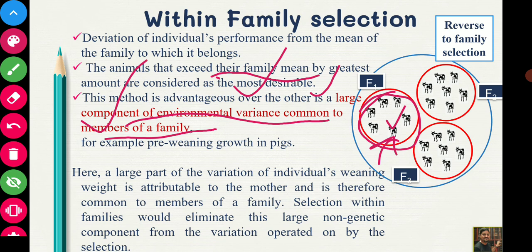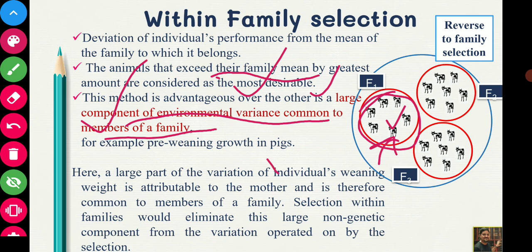Just see the example of pig. In case of pig, one mother pig gives birth to almost 10, 12, 15 progeny. All these progeny that the mother is nursing get the common environment of the mother. Even though they get a common environment, if a particular piglet is performing well, that means that pig has a superior quality of genes. We have to identify that pig and select it to be propagated to the next generation.